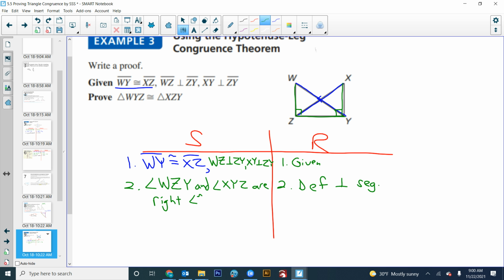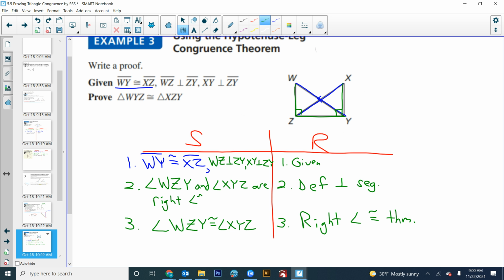And then another annoying step. Now that we've said they're right angles, we have to say they're actually congruent. By the right angle congruence theorem that says all right angles are congruent.